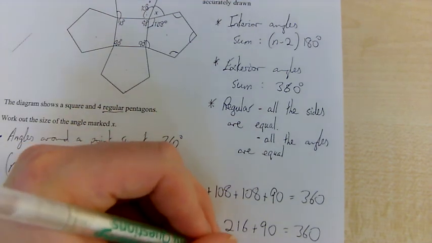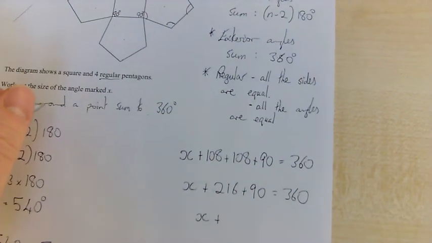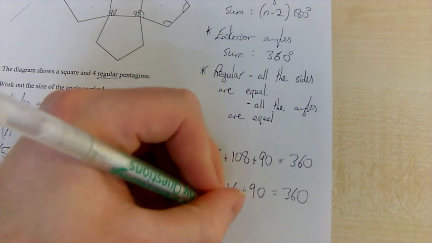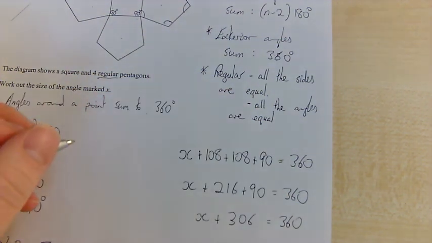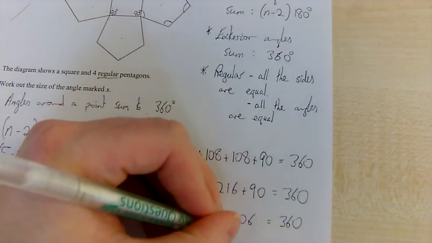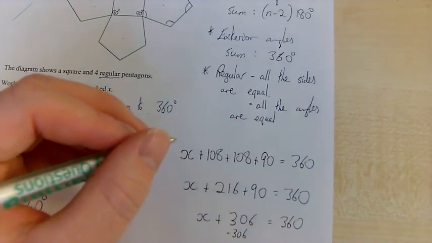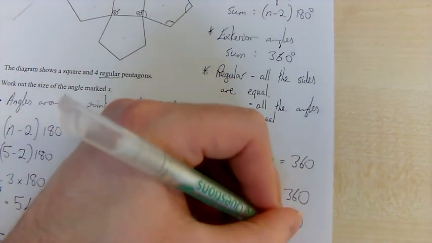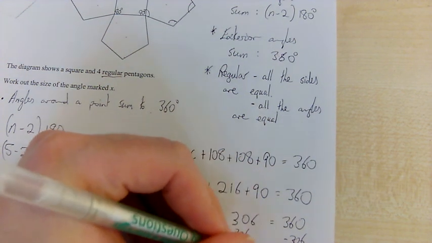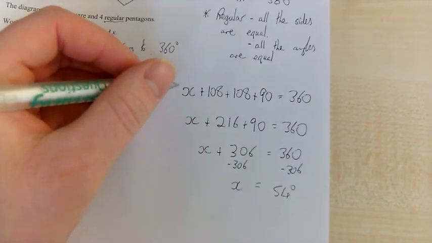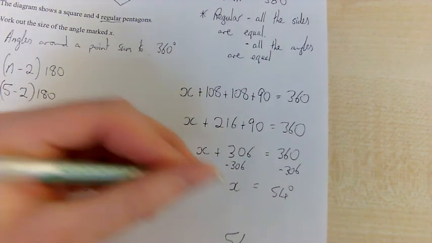X plus 306 is equal to 360. If we take 306 away from both sides, we end up with 54 degrees, and that is our value for x.